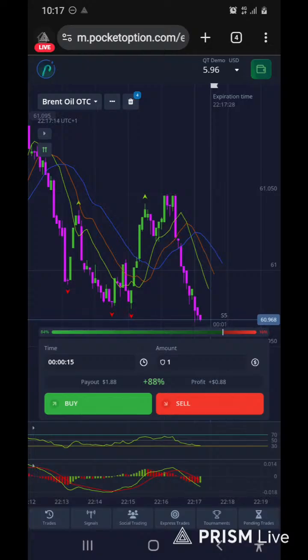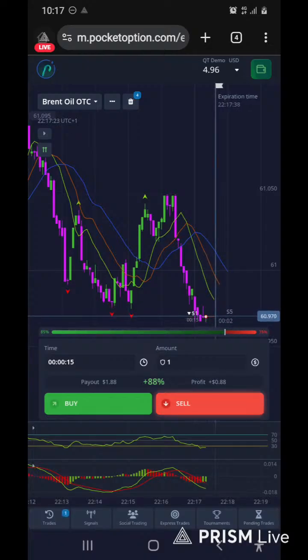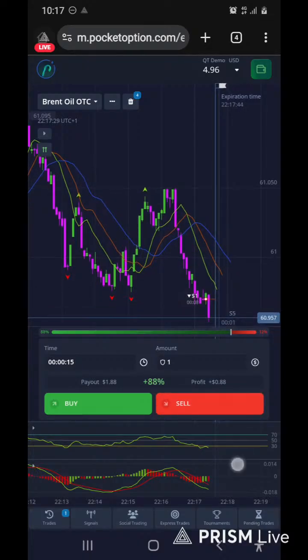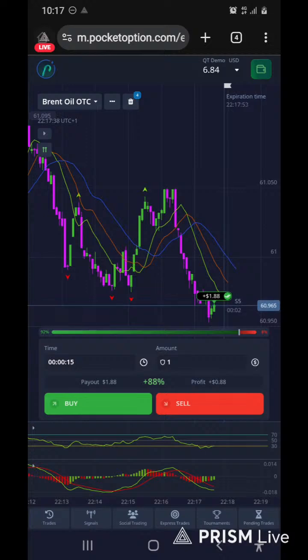Momentum looks very strong. It is trending below the 70 line. Sometimes it trends below the 30 line of the RSI or above the 70 line of the RSI. So sometimes it will be overbought, but it will still keep moving up or keep moving down.